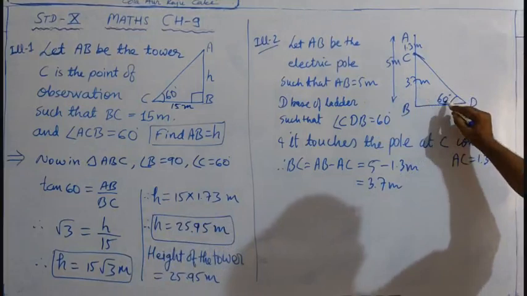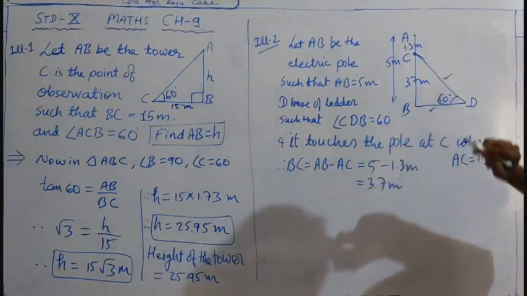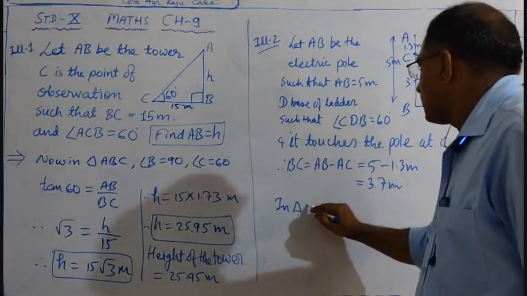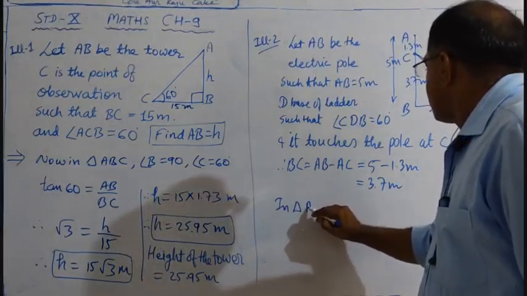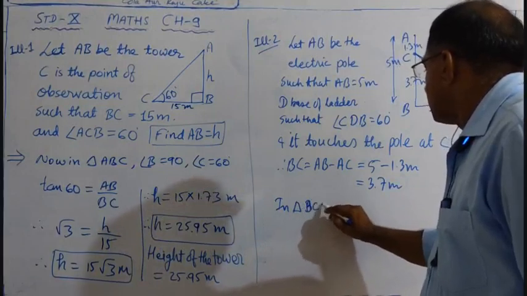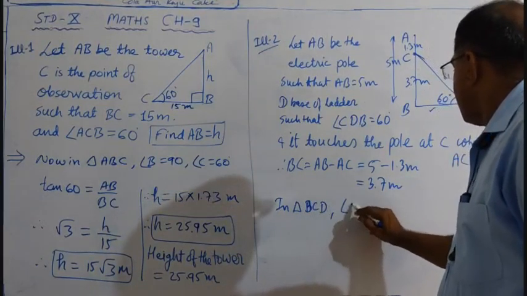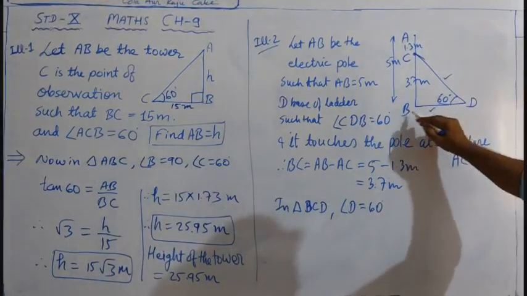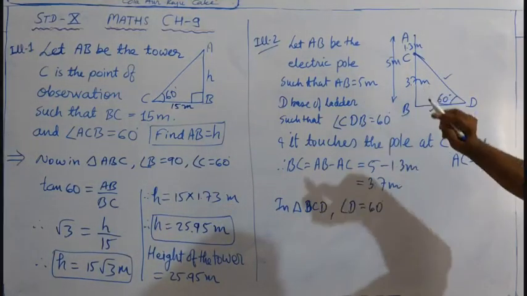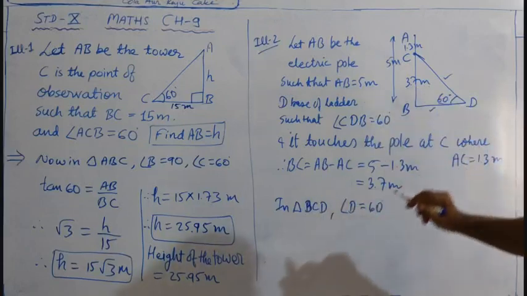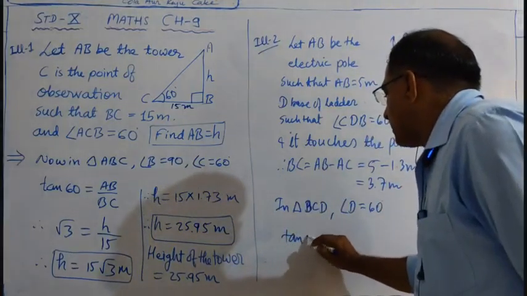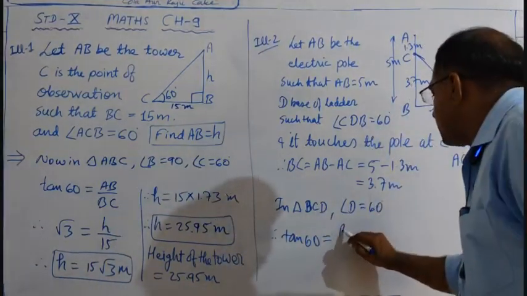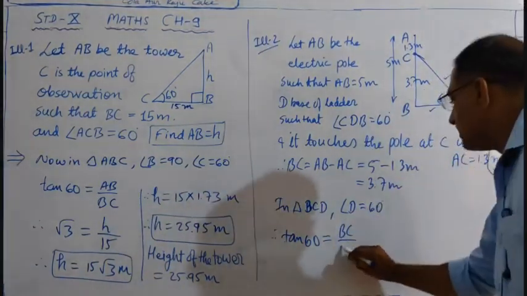Here we know this, so we have to calculate these two parts. First of all, in triangle BCD, angle D is equal to 60 degree, and therefore to find out BD we can go for tan 60. Tan 60 is equal to opposite side BC over base BD.